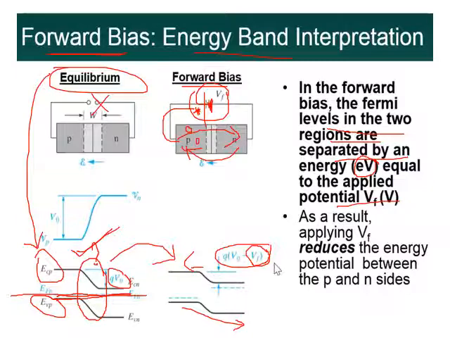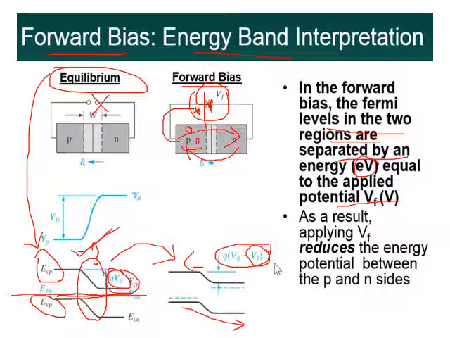Here we have a bigger gap because there is no applied potential. Why is the gap reducing? Because this applied potential is helping in conduction, right? Because the gap has reduced, there is conduction.